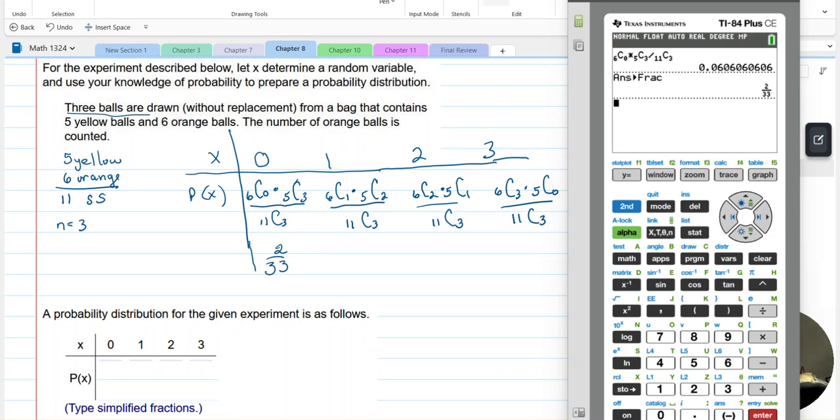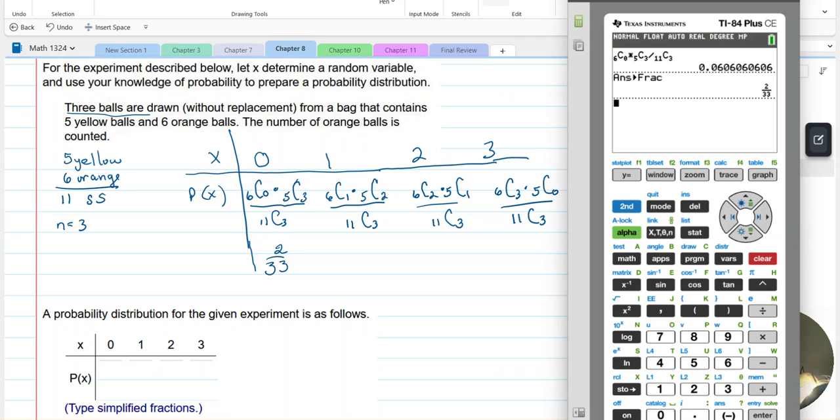So I'm going to do the next one. And I'm going to do a second entry to help. Oops, sorry. I did it too much.